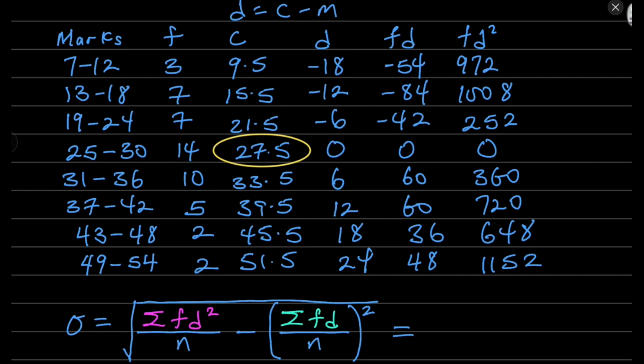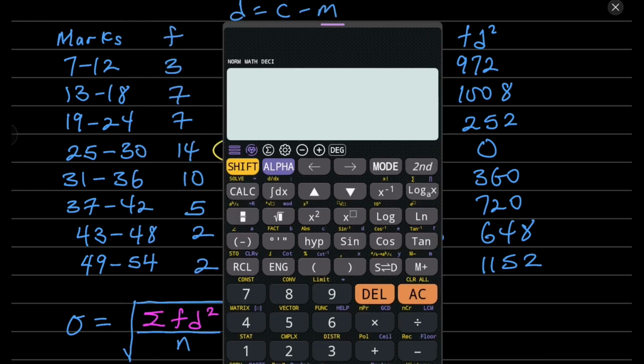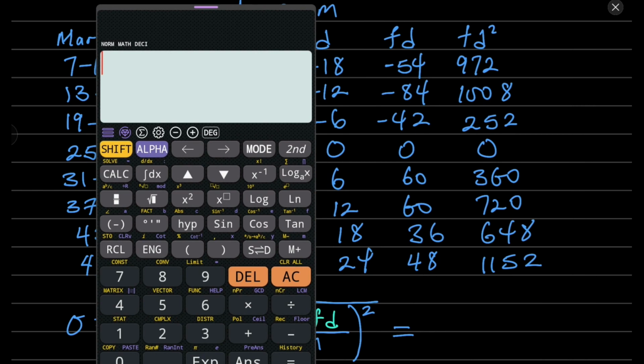Back to our formula. Now our formula says for your FD squared you sum it, for your FD you also sum it. So let's sum both FD squared and FD. Let's start with FD. Just sum up everything. We have minus 54 plus minus 84 plus minus 42 plus 0 plus 60 plus 60 plus 36 plus 48.